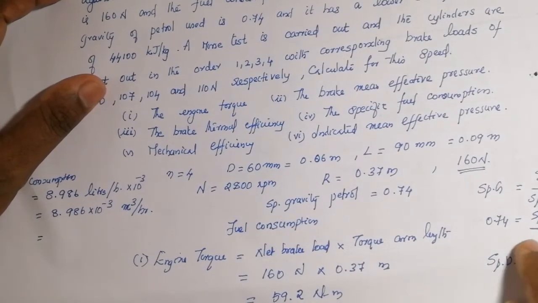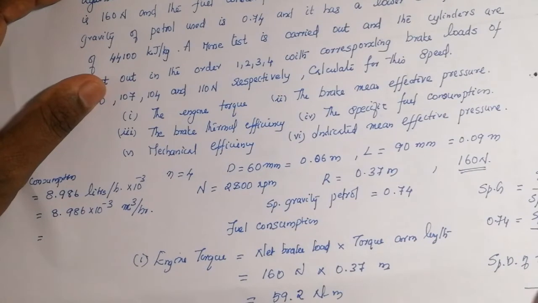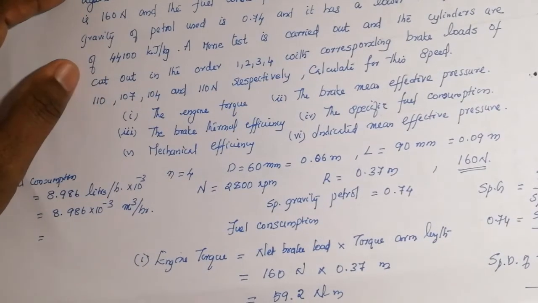So from here I found out the specific density of the fluid. I already explained the equation. From this, specific density of the fluid is 0.74 into 1000 kilogram per meter cube.